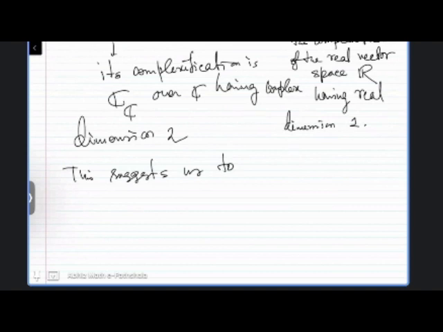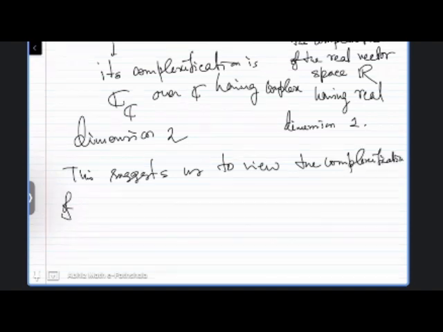This suggests us to view the complexification of a complex vector space V in a different way.